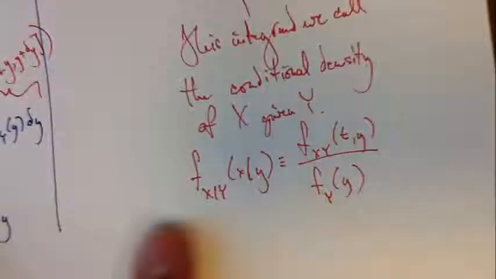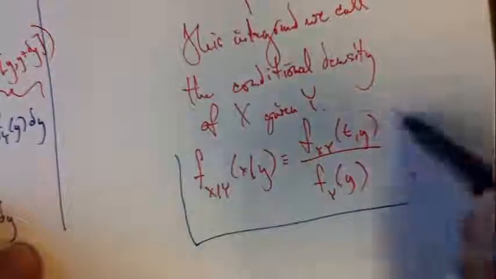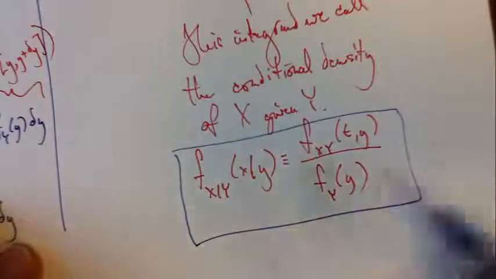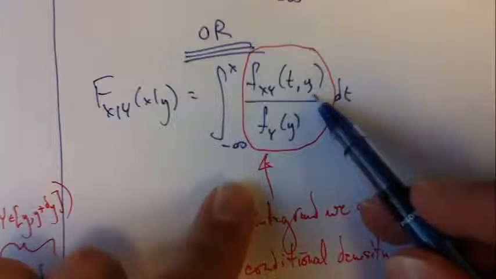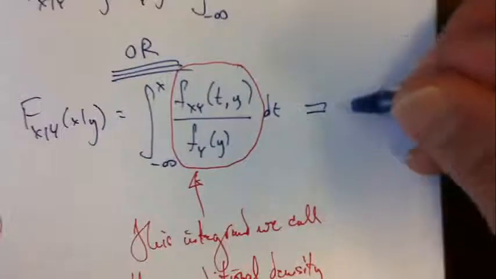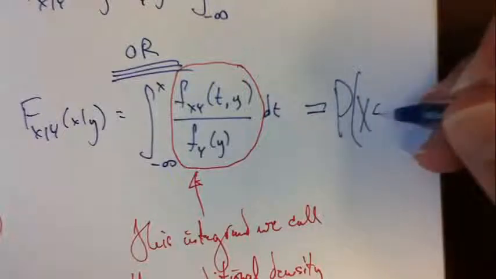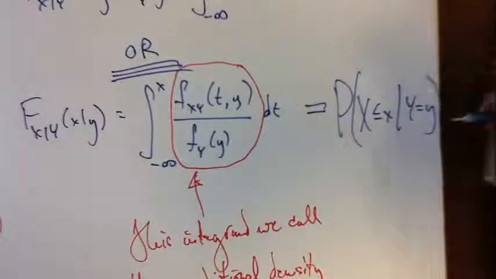So it's kind of nice that it takes on that form, and that's what it is. If we set y and then integrate the other variable out from negative infinity up to some mark, that gives us the probability. This whole thing is the probability that X is less than or equal to x given Y equals little y. Okay?